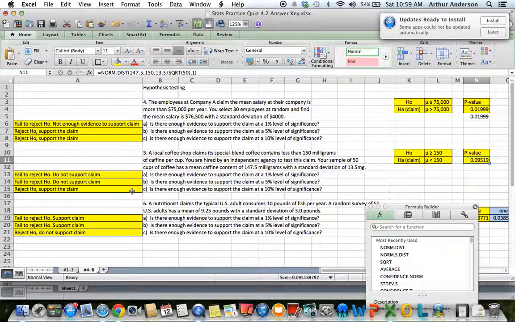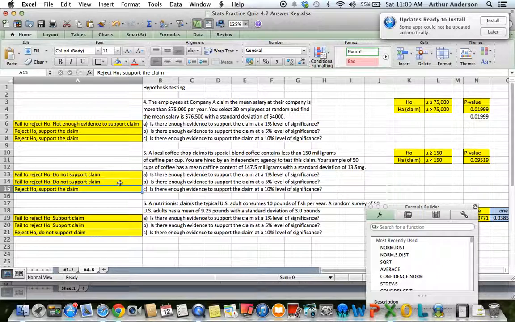So again, I like to start with part C, 10% level of significance, because 9% or 9.5% is slightly less than 10%, but it is less than 10%. We reject the null hypothesis, which is greater than or equal to 150, and therefore we support the claim that it is less than 150.